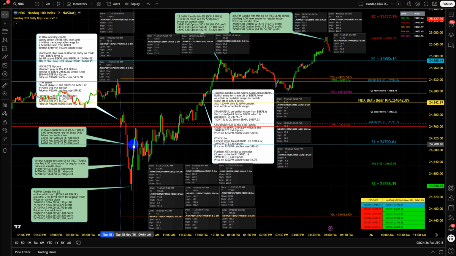And as you can see here, we had a scalp trade where we hit the S1 level, and then eventually you hit the mid BB-KPL S1, which would have been your 1.5 level move, and then here when it hit the BB-KPL would have been your 2-level move, and then here at the mid BB-KPL R1 would have been your 2.5 level move, then here at the R1 would have been your 3-level move from S2, and then eventually a 3.5 level move here.